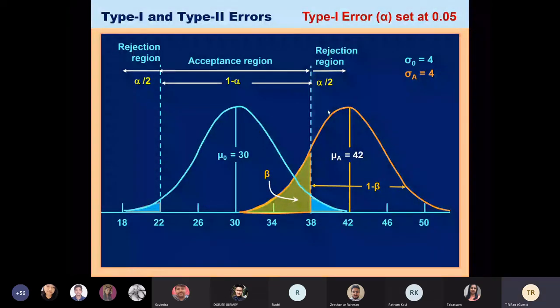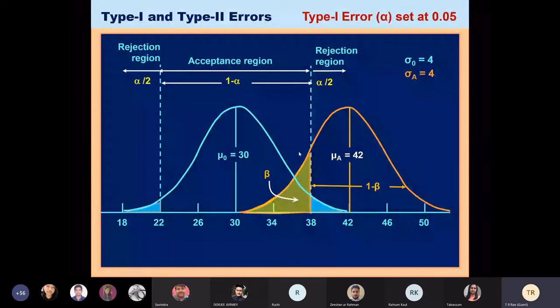So this alternate curve, normally we don't know, but to illustrate this theory, I've chosen an alternate hypothesis of 42. Now you can see that if I plot this, part of this orange curve's values, this area, is falling into the acceptance region of our original hypothesis.